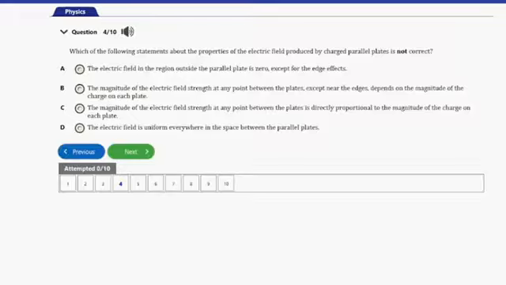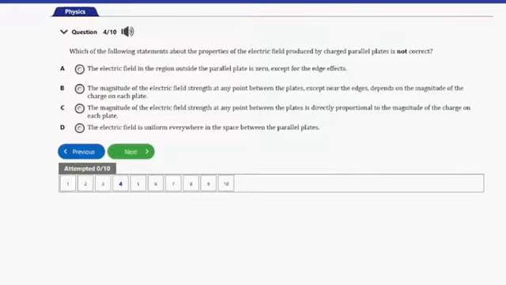It says, which of the following statements about the properties of the electric field produced by charged parallel plates is not correct? We have A, the electric field in the region outside the parallel plates is 0, except for the edge effects. B, the magnitude of the electric field strength at any point between the plates except near the edges depends on the magnitude of the charge on each plate.